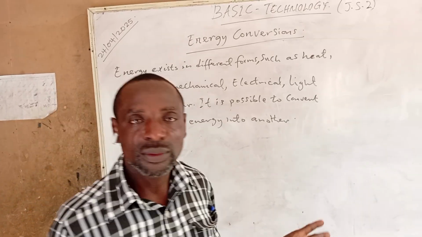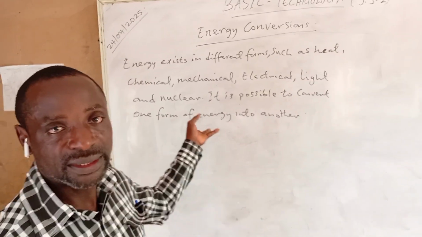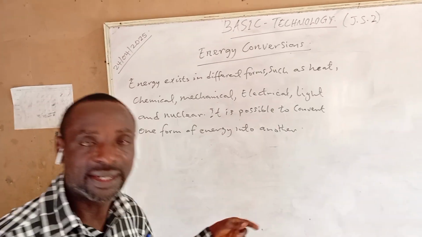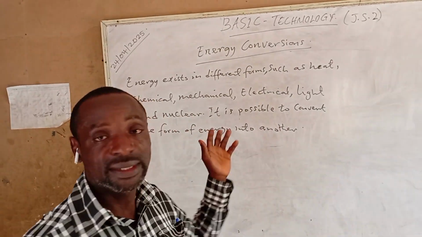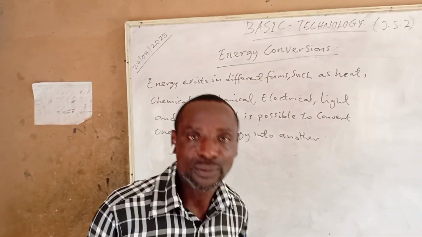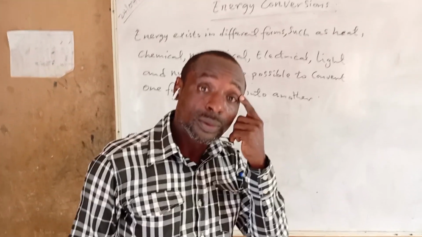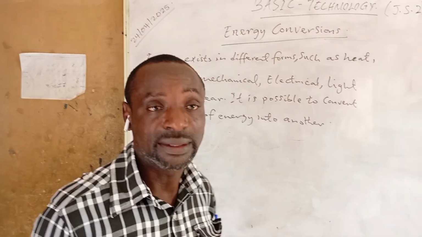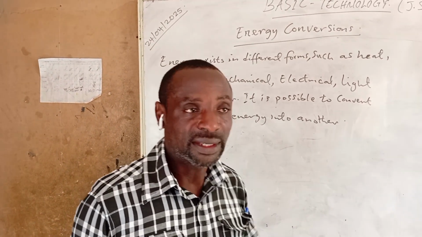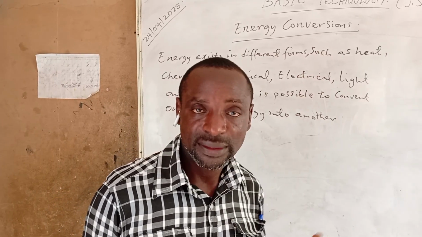First, we know that we have different forms of energy, talking about chemical energy, mechanical energy, electrical energy, light energy, solar energy, and so on and so forth. We know how this energy has been generated. For example, the light energy is derived from the sun.